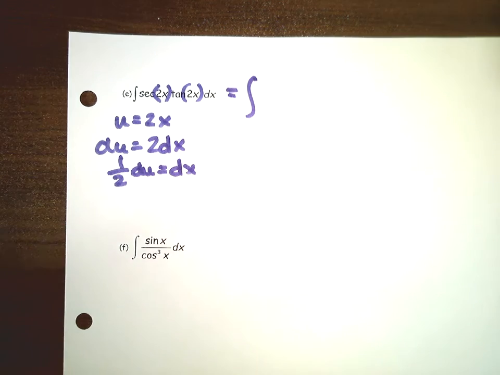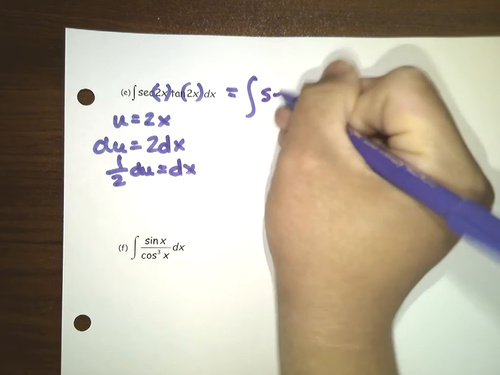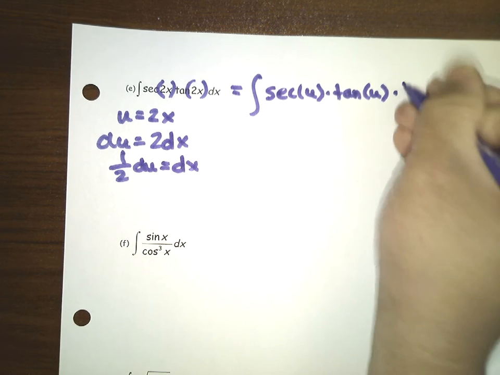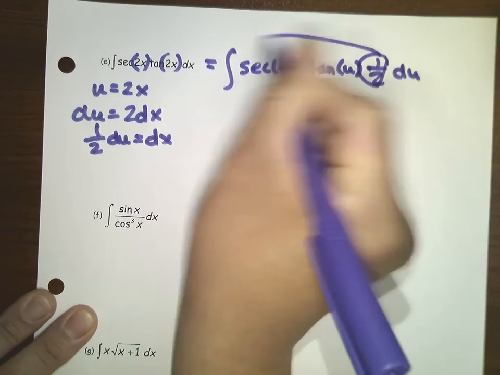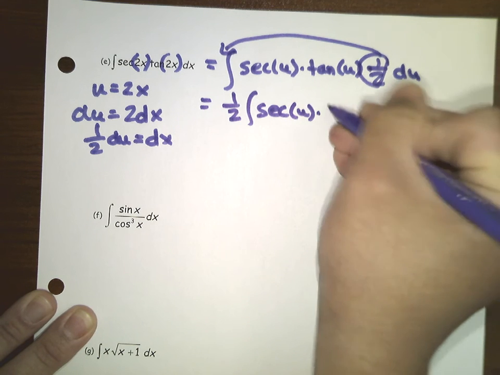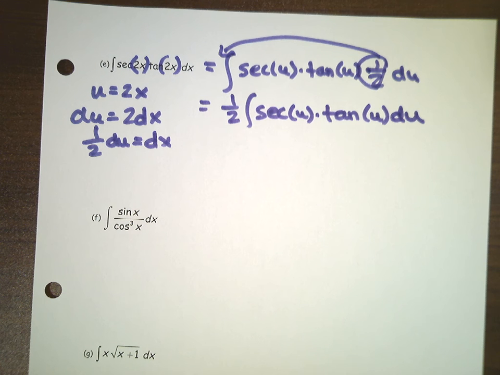So this integrand became the integral of secant of u times tangent of u times 1/2 du, and then I bring the 1/2 in front, so 1/2 integral of secant of u times tangent of u du. And this is one of those trigonometric integrals that you probably should try to memorize.